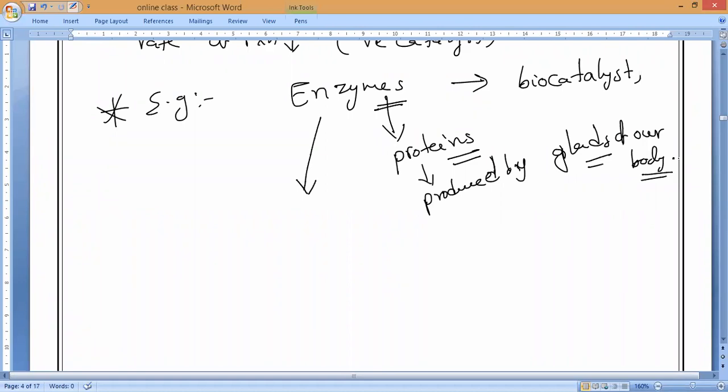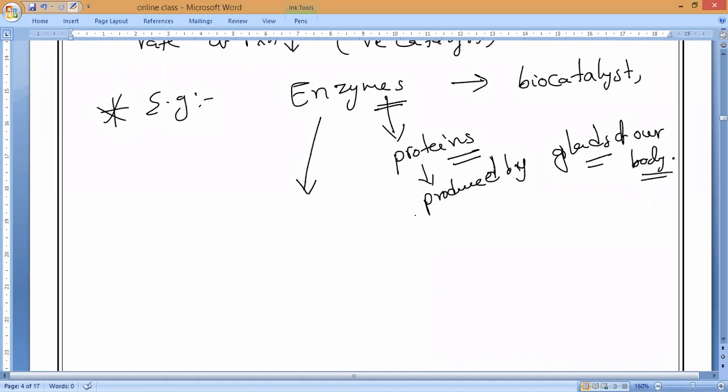Examples of glands, can you say? Anybody? Thyroid. Yes, thyroid, pituitary gland, like that so many glands we have. You studied this in class 9th also. So that is what we call enzymes.